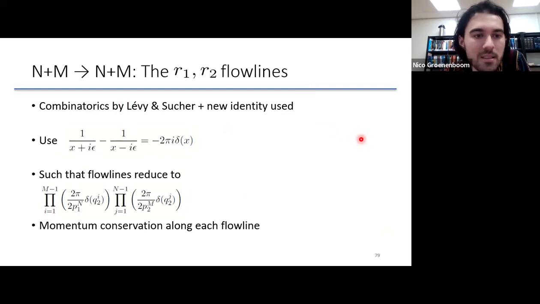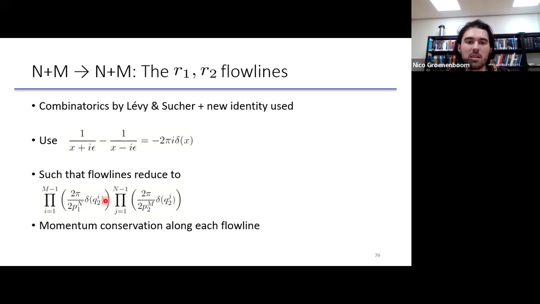And we could use this in combination with this earlier eikonal identity to show that the special flow lines reduce to just this product, where now the Q are the original momentum exchanges of the external particles.